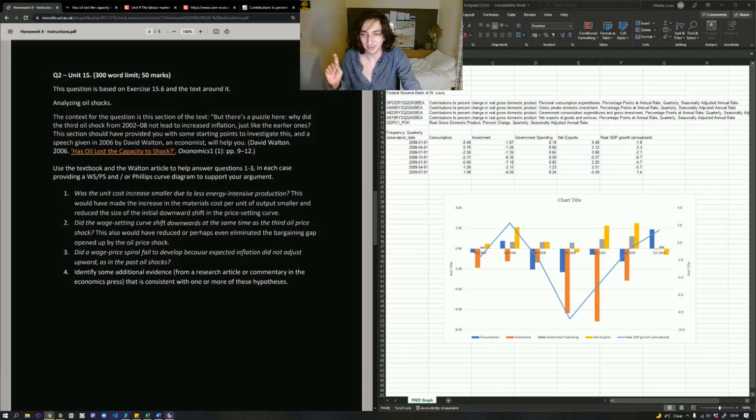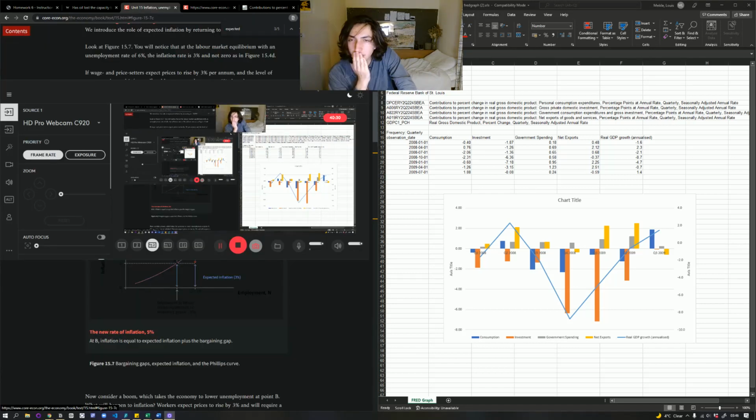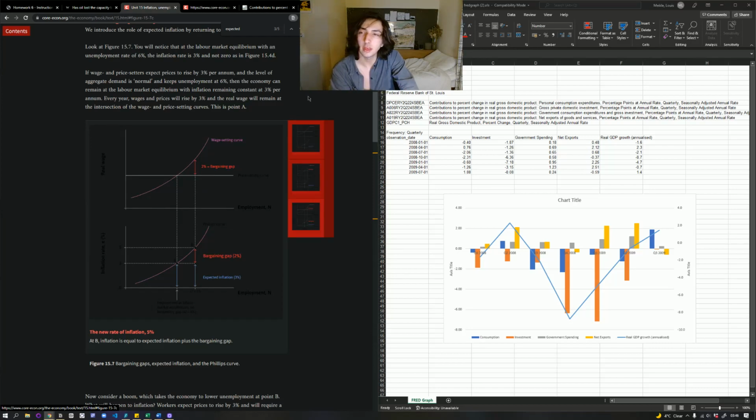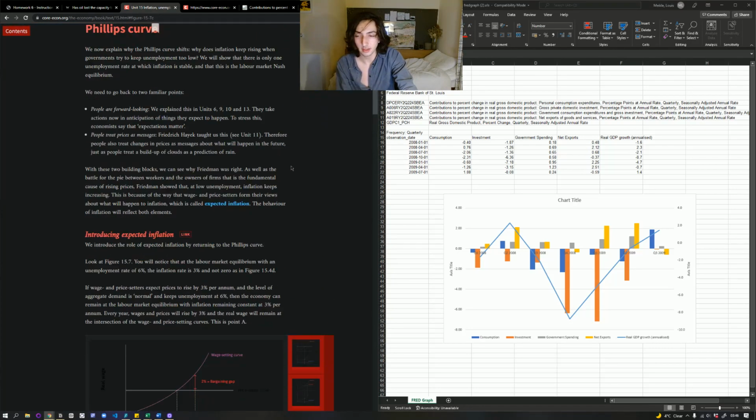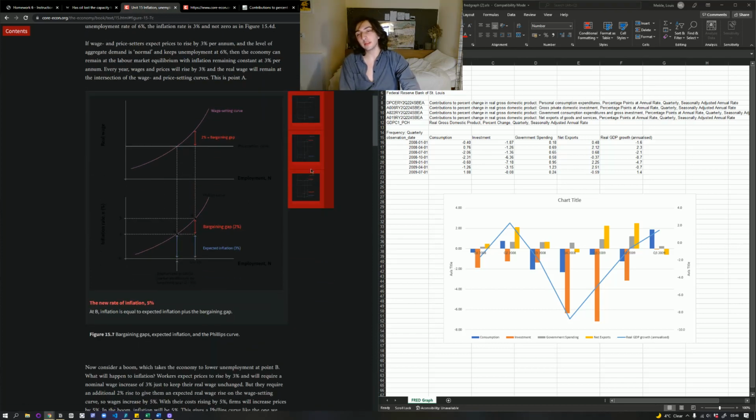Just one moment. So, if we look here, in 15 point something, 6. How lovely. Expected inflation is, when we're looking at the Phillips curve, we're seeing that we've got a difference between, you've got the bargaining gap there, and the expected inflation is all the area underneath the bargaining gap when we're referring to the inflation rates in practice.